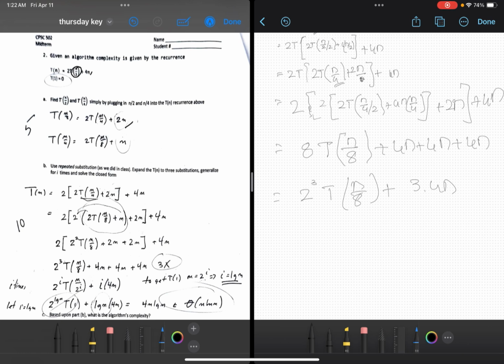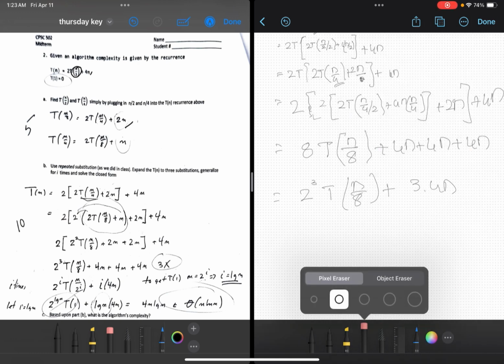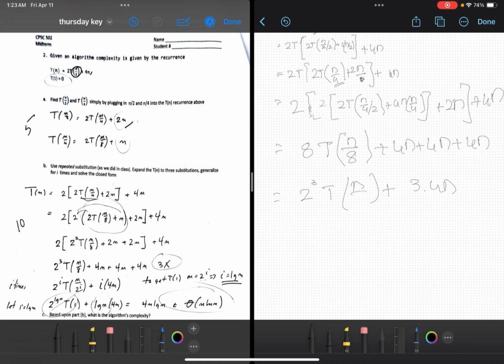So when we repeatedly substituted 3 times, we got 2 power 3. If we did it 3 times, we got 2 power 3, and if we do it i times, we'll get 2 power i.